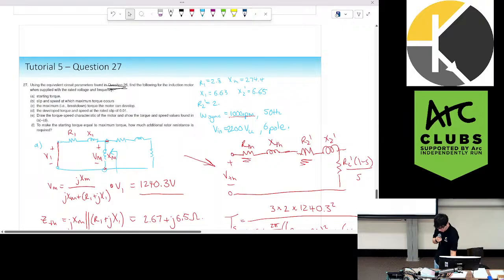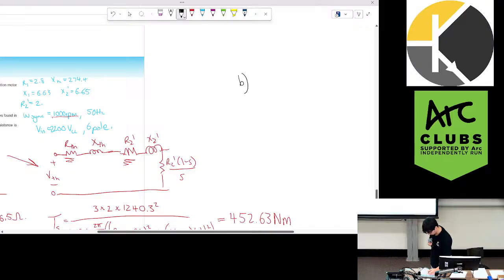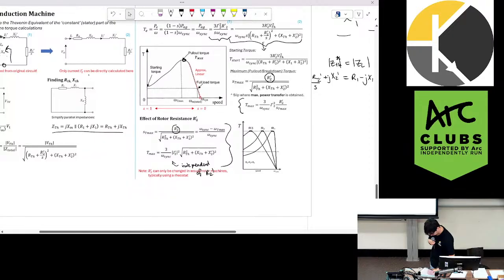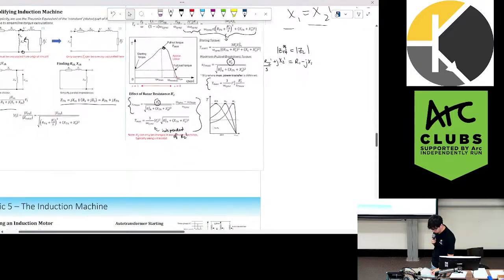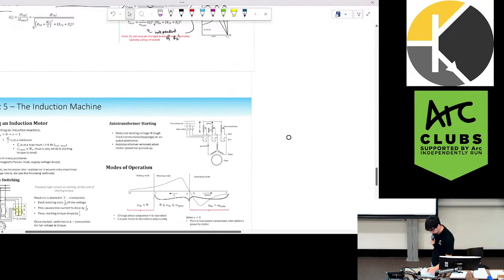B, find the slip and speed at which maximum torque occurs. Using the equations that we have, maximum torque will occur at this slip: R2 dash over the square root of RTH squared plus (XTH plus X2 dash) squared.